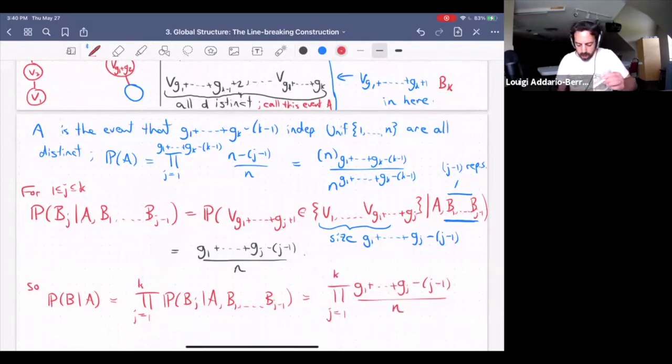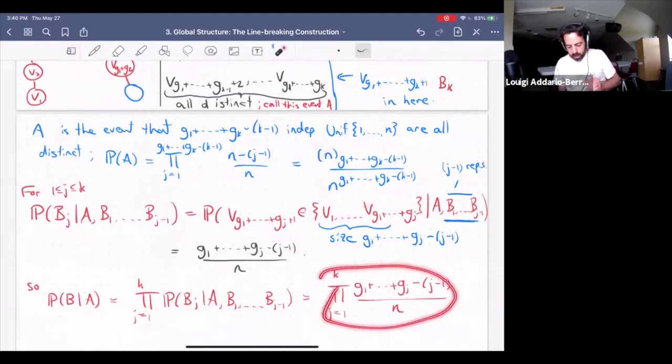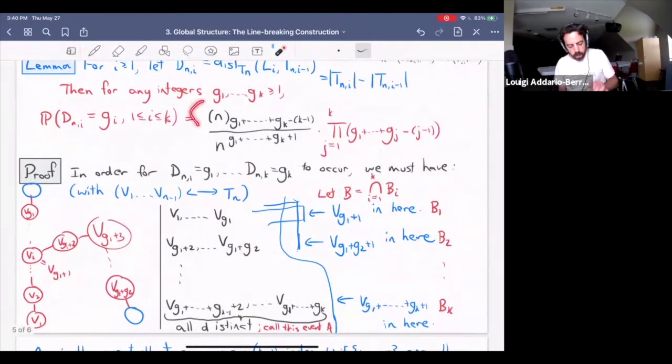Okay, and so let's compare. The probability that both events occur is just the product of this and this. So what do we get? We get an extra factor n to the k on the bottom here, which takes this coefficient and changes this minus k minus 1 into a plus 1. And then we get the product of these gj terms, these g1 up to gj terms. And that's precisely what we'd claimed up here.